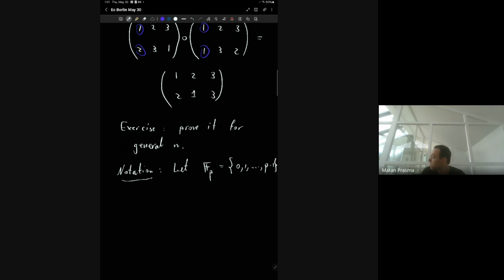I'm sorry to interrupt, but before we get carried along, you were saying prove it for n greater than 2. It's actually n greater than 3, because for 2, I think it actually is abelian. Yes, you're right. For general n, I didn't say, but let's say greater than 3. But in fact, we proved it for 3, so you need 4. Right. Yeah.